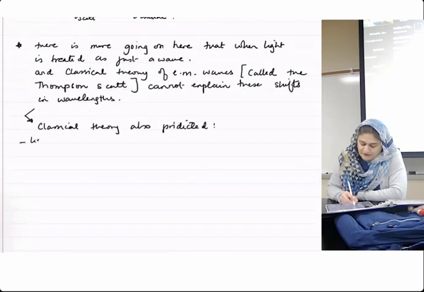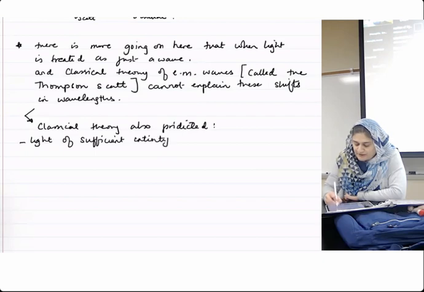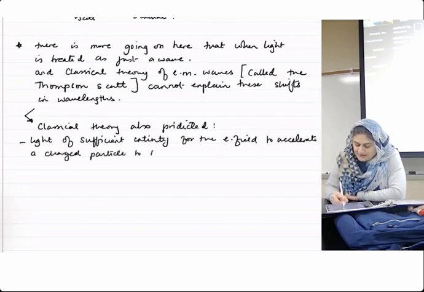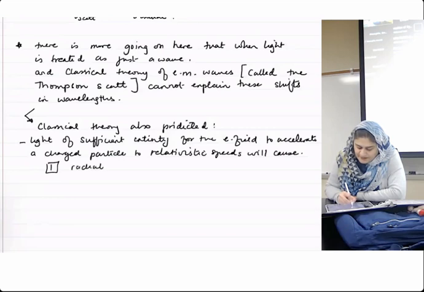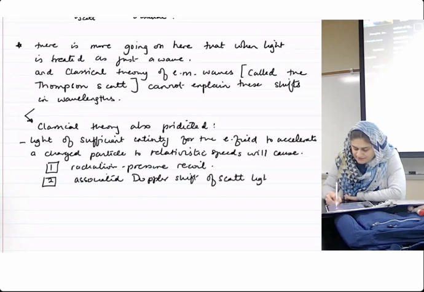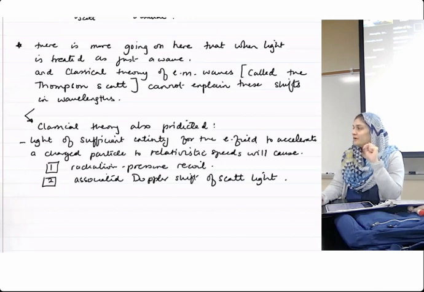Light of sufficient intensities for the E field to accelerate a charged particle to relativistic speeds will cause, number one, radiation pressure recoil, and number two, associated Doppler shift of scattered light. Do we understand what Doppler shift is? Sort of? No? We've not heard that word before?